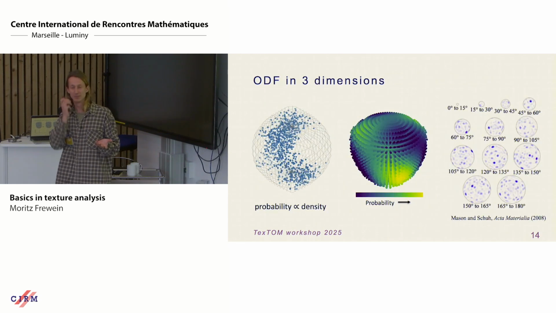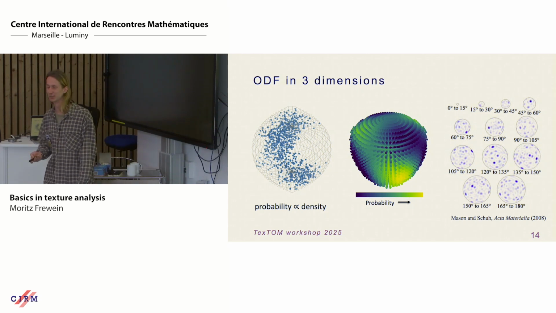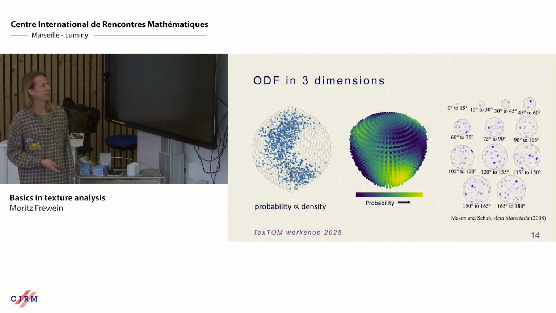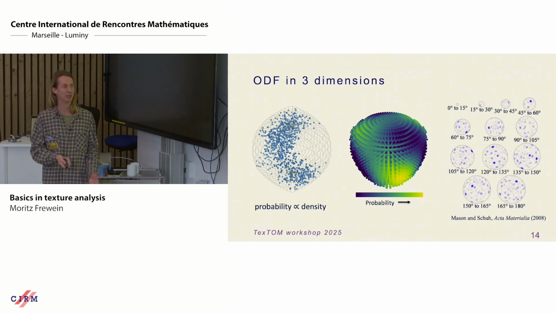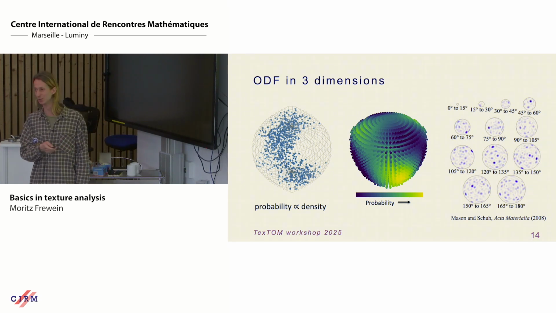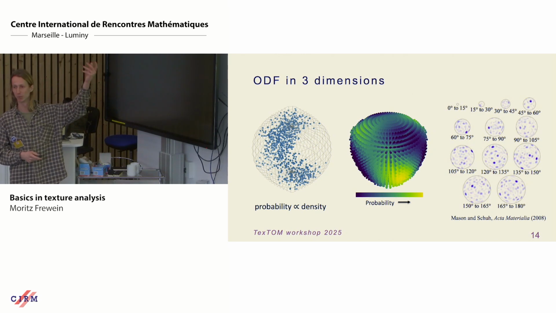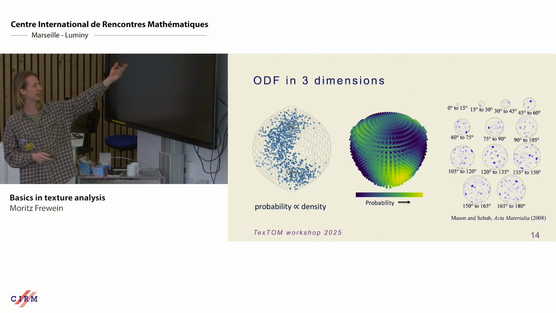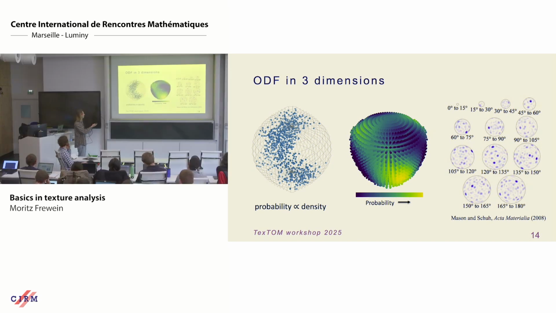In 3D, of course, we have to fill this orientation space that we just looked at before. So there are different ways to visualize an orientation distribution function, but you see already it's not easy to look at. So we have this representation with the grid, so we see actually what's inside, but the higher probability in this case would be represented by a higher density of points. Alternatively, we can do it with colors, but we don't see the inside.